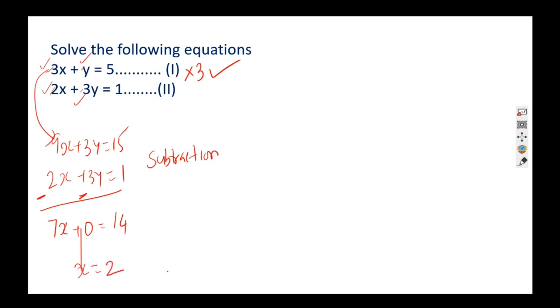You got x. Once you got x, you will substitute in any one convenient equation. I am substituting in 2x plus 3y is equal to 1. 2 into 2, 3 into y is equal to 1.